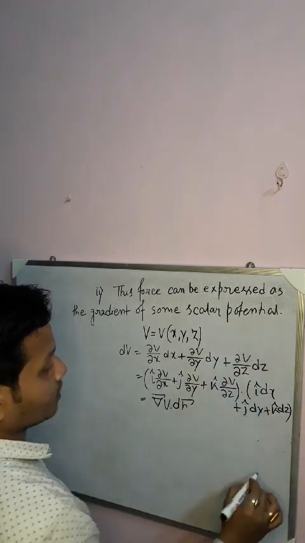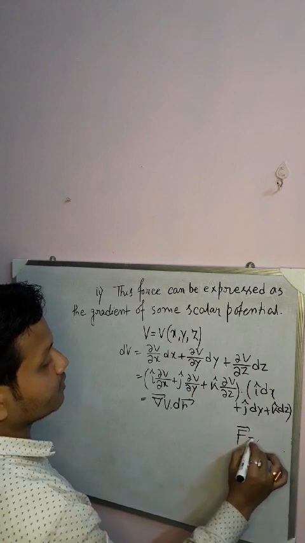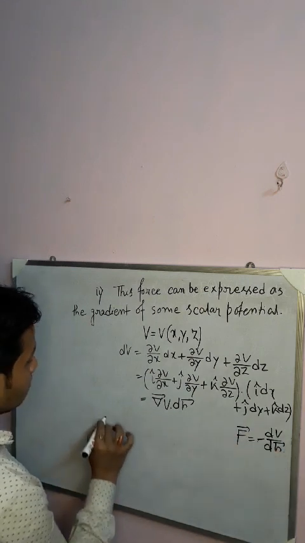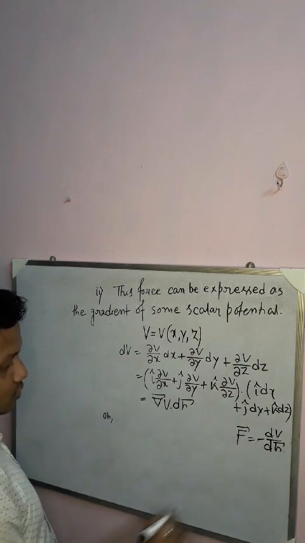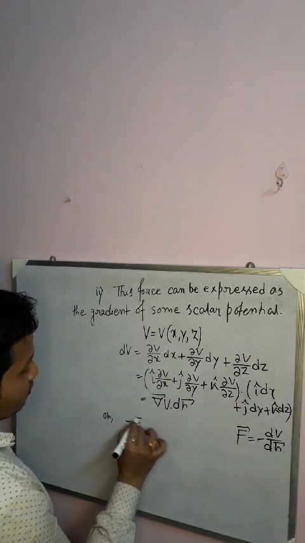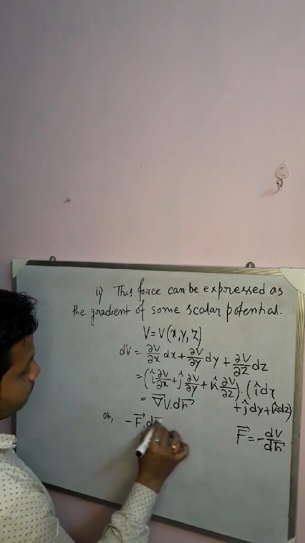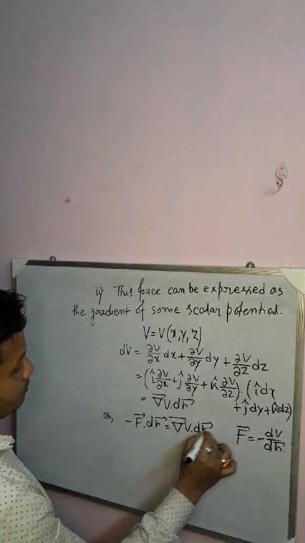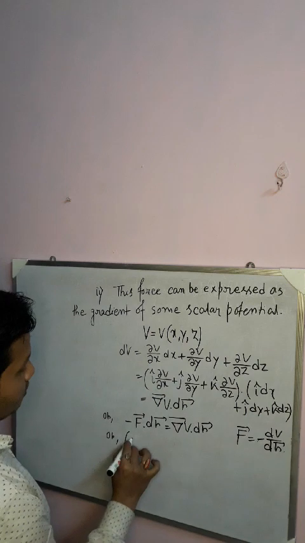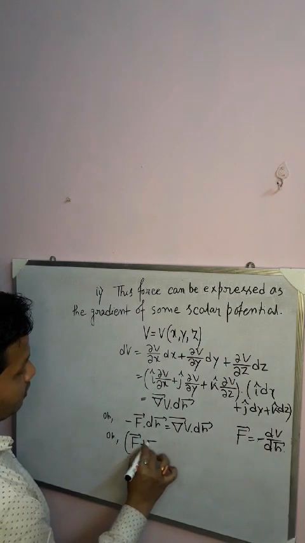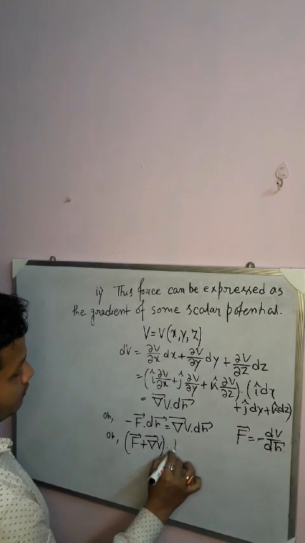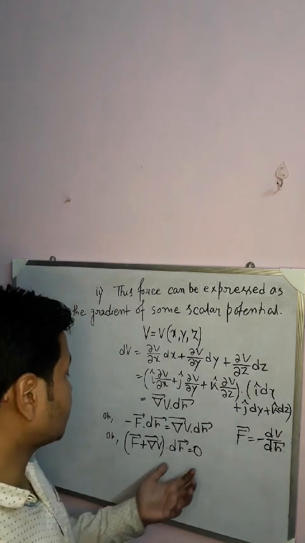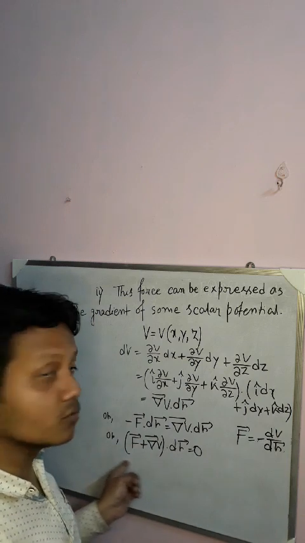Again, you know this relation, that gradient of potential is a measure of force. So from which you can write dV as minus F dot dr. So this is simply del V dot dr. If you take dr common, then you can write it in this way. Now since dr is arbitrary, its coefficient will vanish.